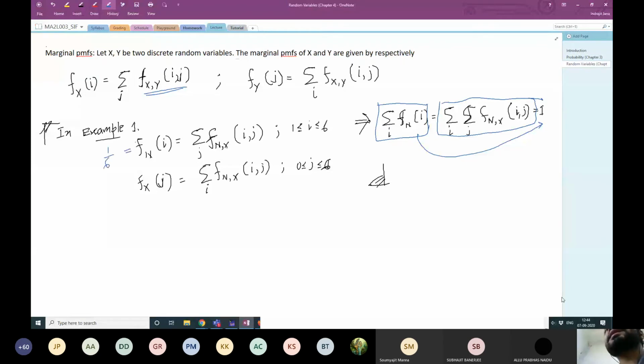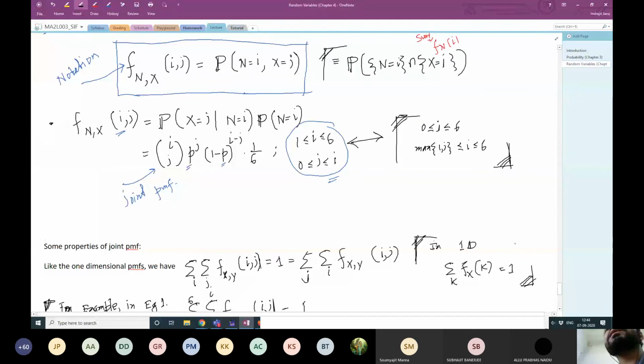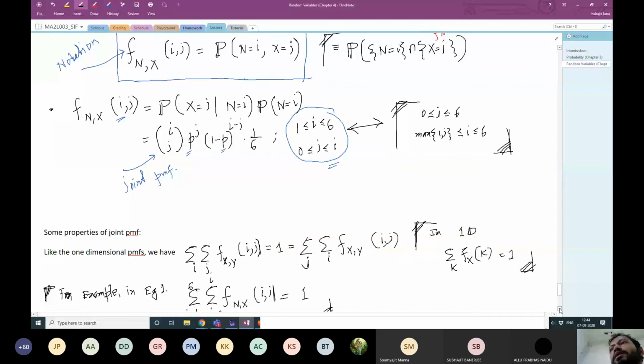Now, if f_{N,X}(i,j) is given by this formula, and you fix i, say i is equal to 5, and you take the sum over all possible j, you are going to get 1 over 6 as the answer. You can double check by yourself.